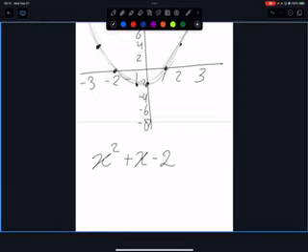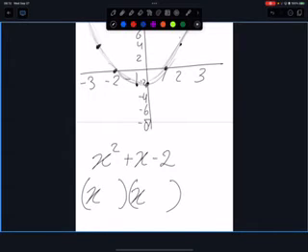Factorize this expression. And you have the answer. Correct. The answer is (x plus 2)(x minus 1). Correct. You have the answer. It takes you 2 seconds.